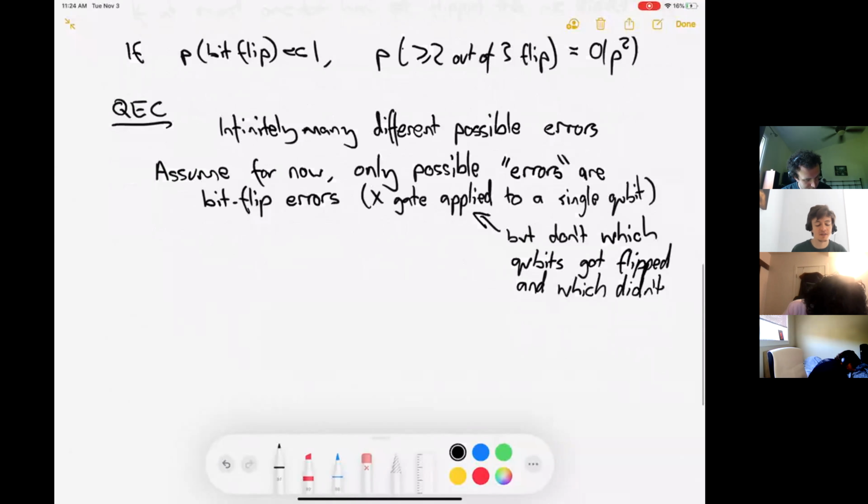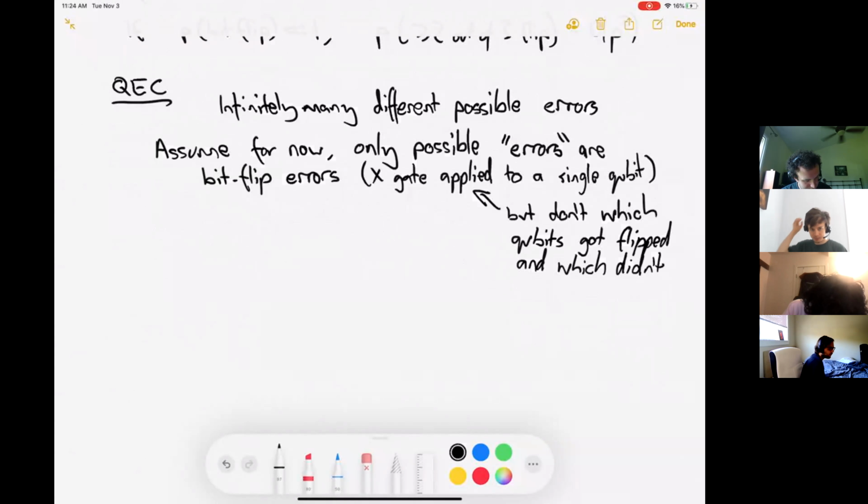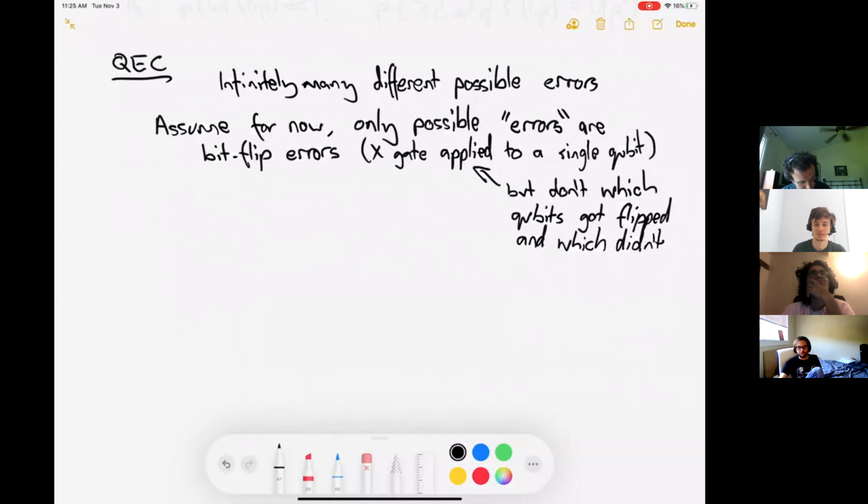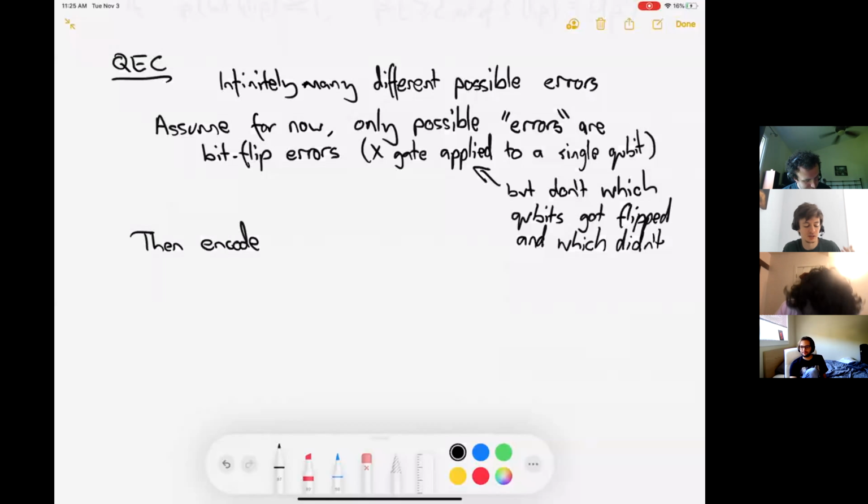Okay, anyone have an idea about how we could try and protect against these bit flip errors? Think about what worked for the classical case. You could try the repetition code again. Indeed. Okay, so let's try that. So what we're going to do is we're going to encode 1 qubit into 3 qubits.